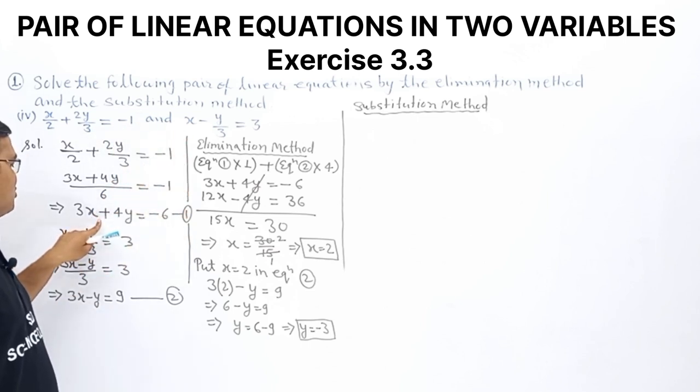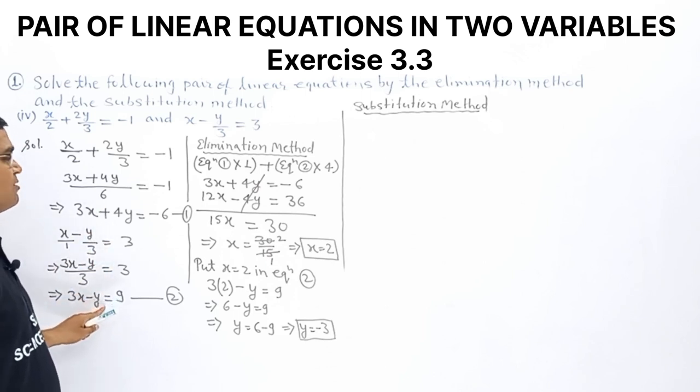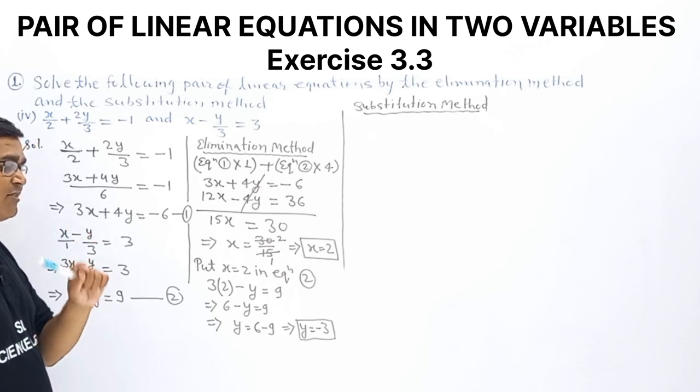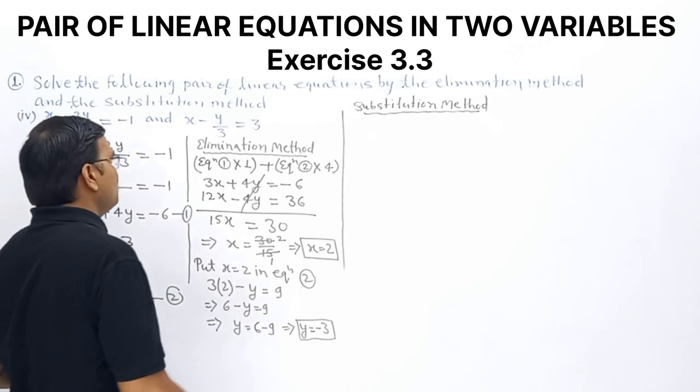So equation 1 and equation 2, two equations we have, and we want the solutions. From these two equations we will solve one equation for one variable, and then we will substitute that variable into the other equation. I am taking equation number 2.